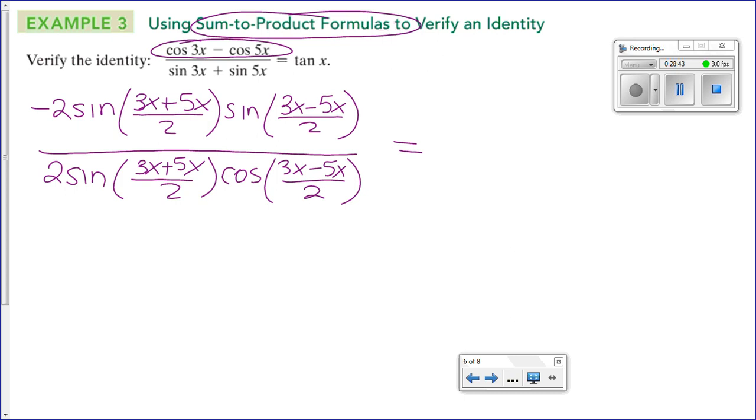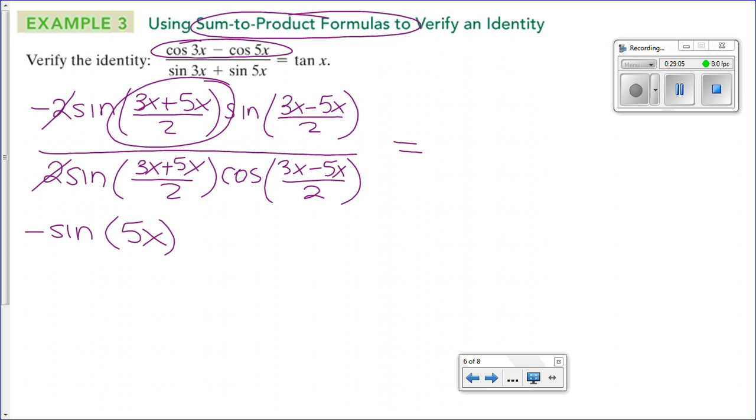okay? So first of all, we could divide the -2 and the 2, and so that will just be -1. Now what I'm going to have is sine, and I'm going to combine what's in here. So we have 3x plus 5x, that's 8x.